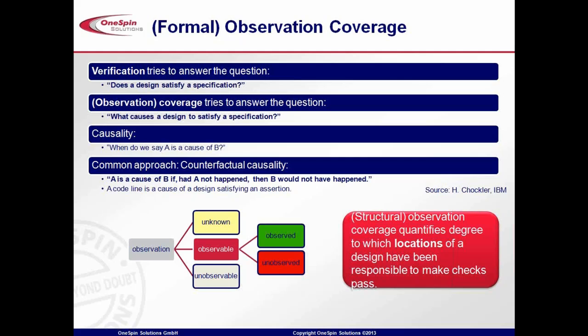Why they are not observable mainly relates to the controllability part, because you cannot observe something if you have constrained it out, of course. And then this tool basically tells us, okay, with our assertion set, we observe a certain line or statement or not.